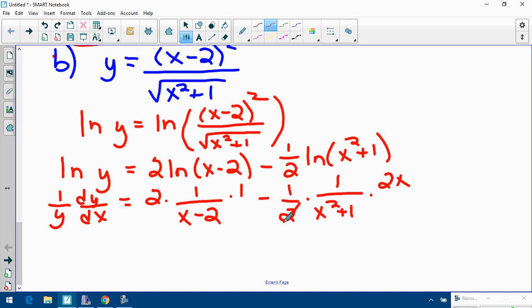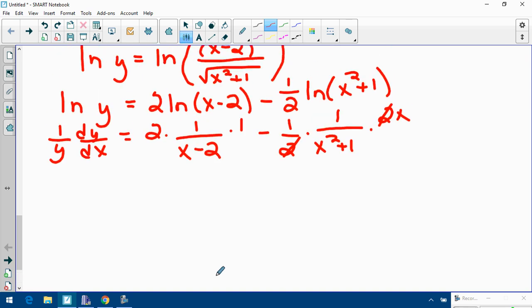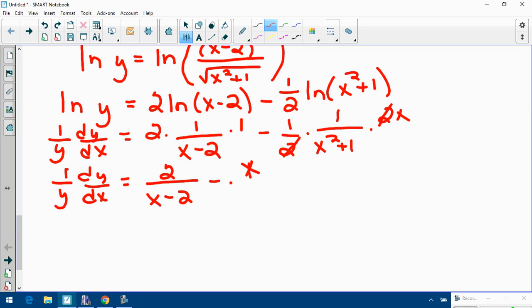And cancel that 2 with that 2. Okay, so now I have (1/y) dy/dx equals 2/(x - 2) minus, well, actually minus x. So let's say minus x/(x^2 + 1).